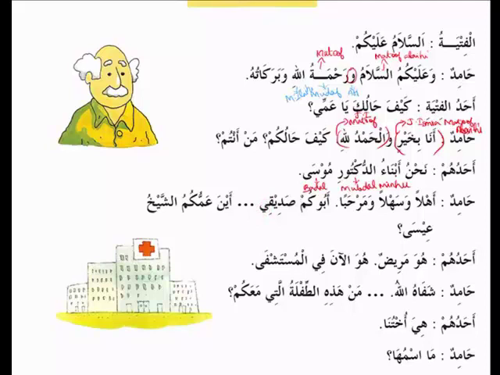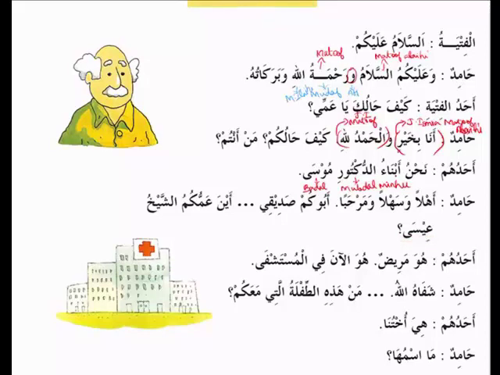Aina ammukum ash-shaykh Isa? Where is your uncle Sheikh Isa? So here aina is ismu istifham, ammukum mudaf and mudaf ilayhi. Now here you have ash-shaykh Isa. What is the position of this word Isa?